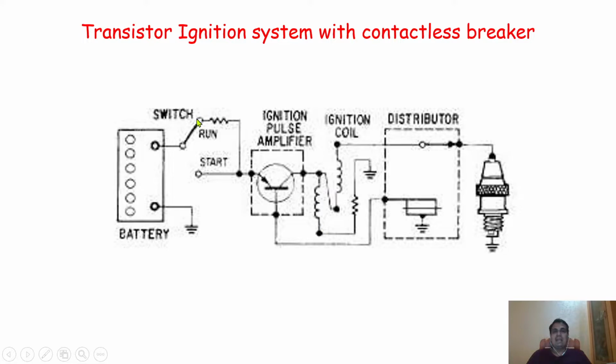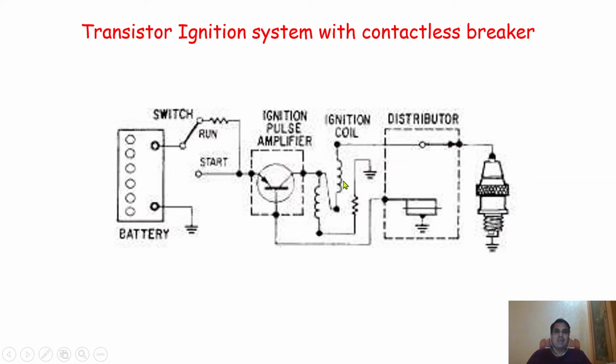As the switch breaks, there will be a stop in the supply of current in this circuit, and at that time a magnetic field is developed in the primary winding, and because of this the secondary winding will be excited.